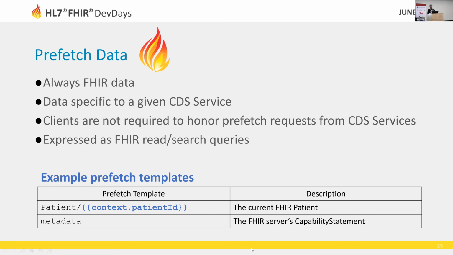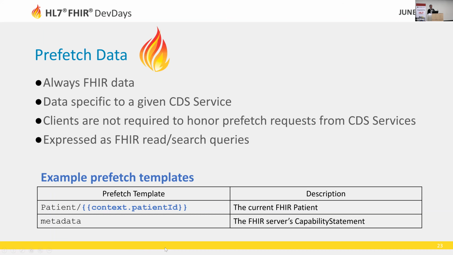So prefetch data is always FHIR data. It's specific to a CDS service. So this is the CDS service advertising how or what data it needs. Note that clients are not required to honor prefetch requests from CDS services, but they should, and then expressed as FHIR read and search queries. Note it's a template, so look at this example, patient context.patientId.